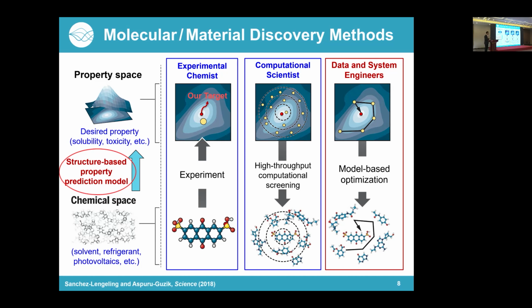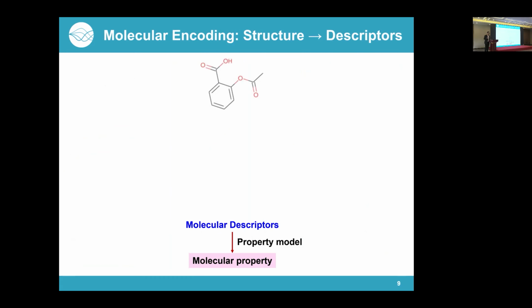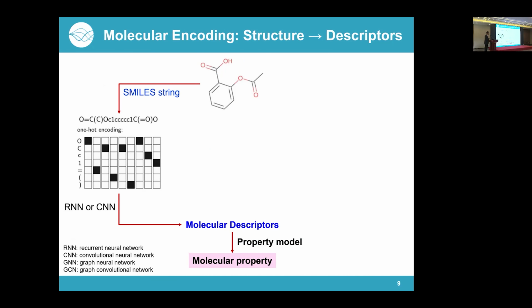So, the first step for molecular design is you have to express your molecule in a way that the computer can recognize. This is called molecular encoding. Basically, you express your molecular structure as a mathematical descriptor. Of course, you have many different methods. You can express your molecule as a SMILES string.